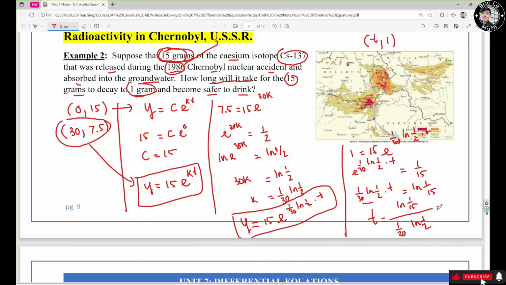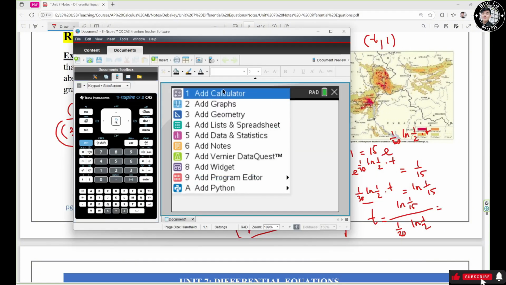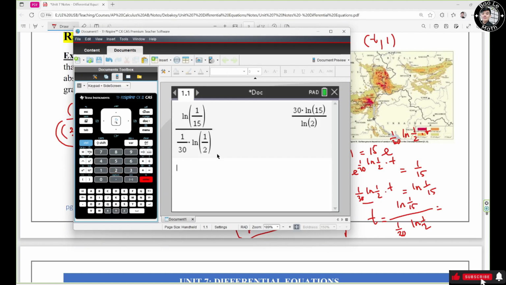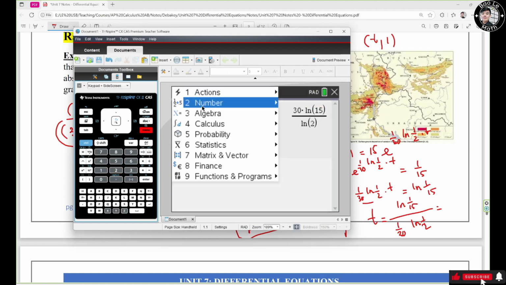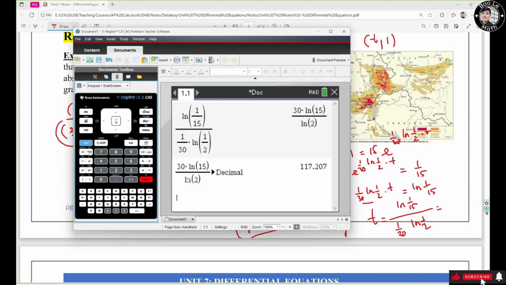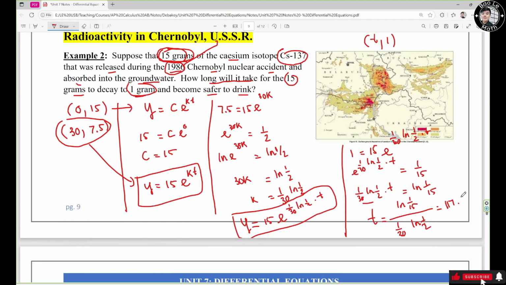Then I'm going to hit the calculator. You hit enter. Now you need to convert this one to decimal. So you hit menu, number, convert to decimal. Hit enter. The answer is 117.207. Yes.